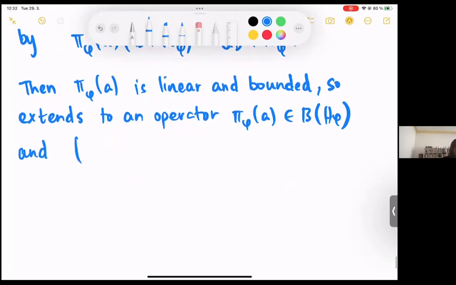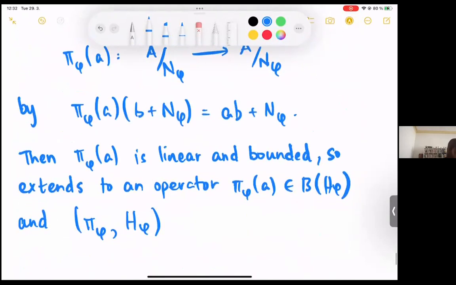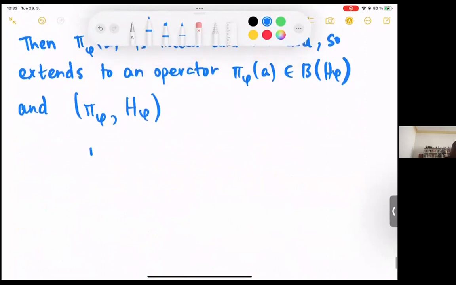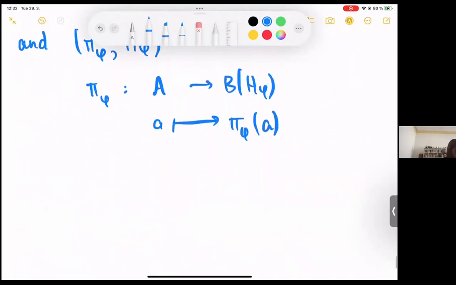And then we actually get a star representation given by the following. So H_phi is just this Hilbert space completion, and pi_phi is the obvious thing. We take a in A and send it to this bounded linear operator pi_phi of a. This is a star representation.